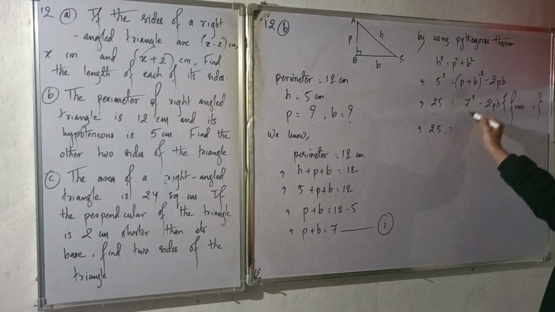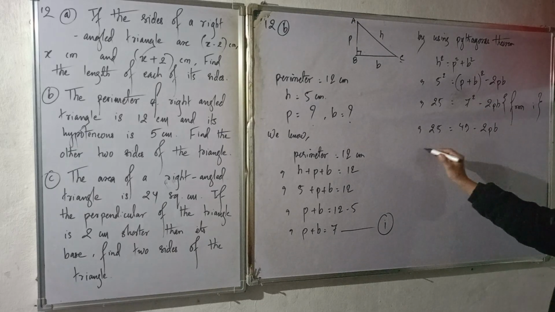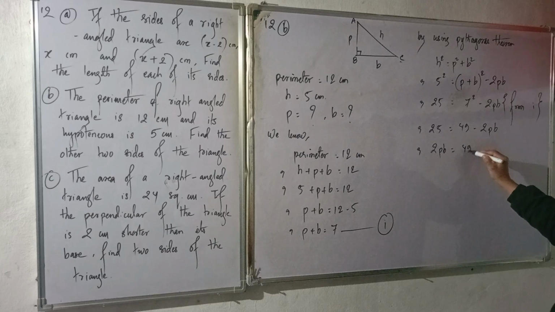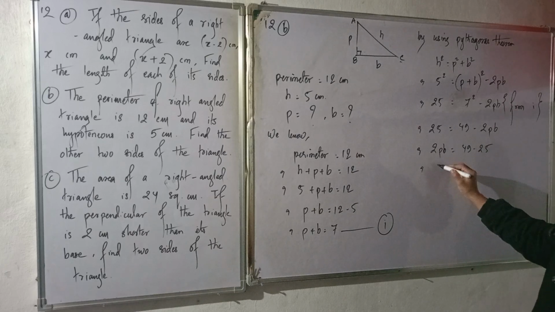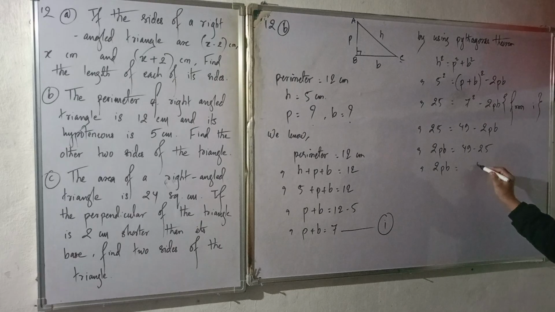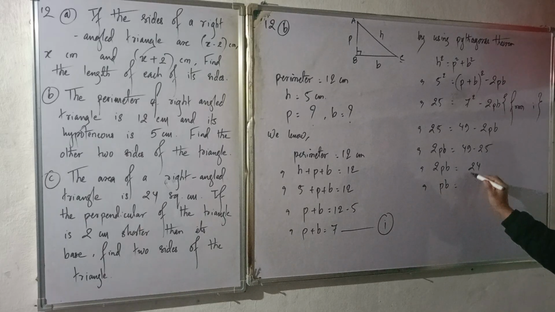Now, 25 equals 49 minus 2PB, or let's move this to the left hand side: 2PB is equal to 49 minus 25, that is 24, or PB is equal to 24 divided by 2, which becomes 12.